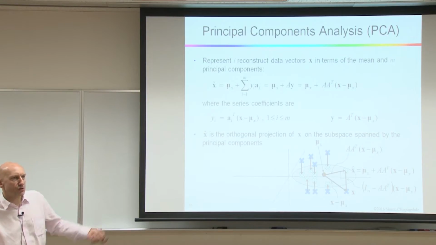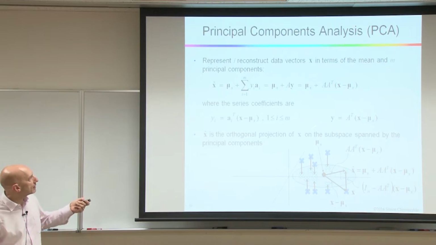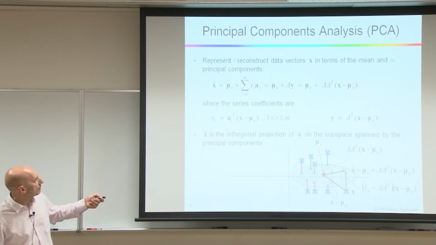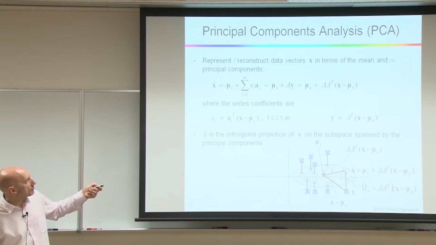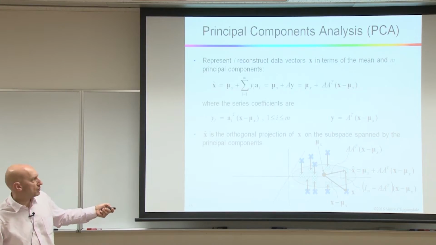If you wanted to reconstruct your input signal from these eigenvector coefficients, the way you do that, X with a hat is a reconstructed version of X. Put the mean back in and then add the eigenvectors weighted by the components of Y. Effectively, what this amounts to is just a projection of the input data onto this lower dimensional subspace.